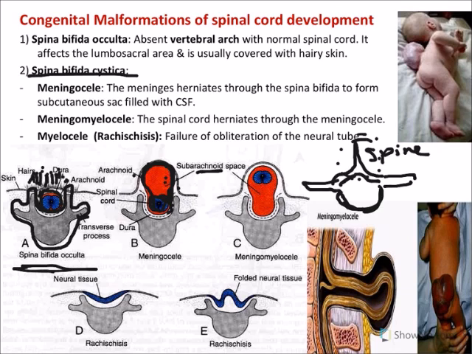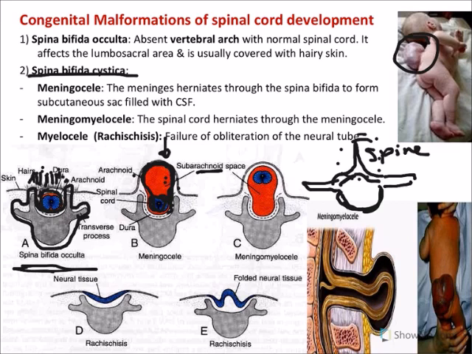If only the sac of meninges protrudes from the defect of the vertebral arch, this is called spina bifida cystica. Only a sac filled with the subarachnoid space protrudes from the defect, also in the lumbosacral region, and this sac does not include the spinal cord.